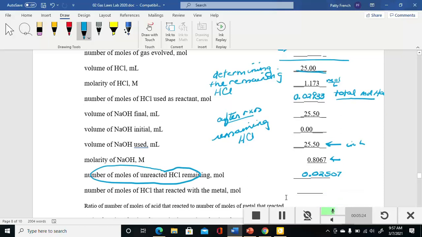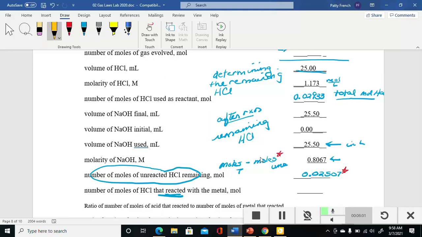Now we can do one more thing on this paper before we have to go to our calculation sheet. We can find the moles of HCl that had reacted very simply. This is moles total, which we'll find in a second, minus the moles unreacted. The moles unreacted is right here.